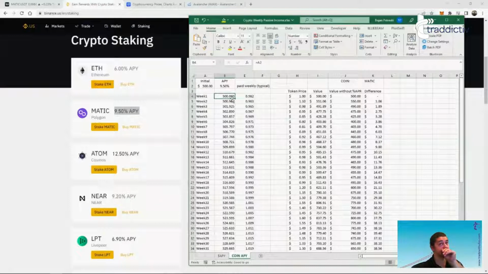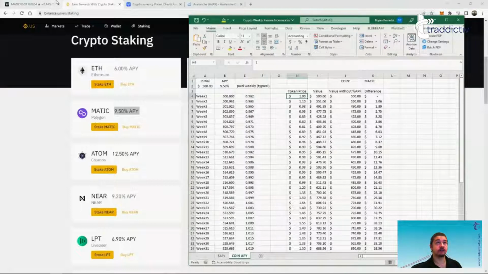Let's say we do purchase it today, and the payout is at 9.5%. We're going to be earning close to one extra token per week. Okay, now the token price here we're going to change, right?